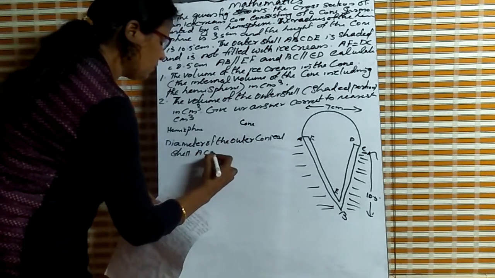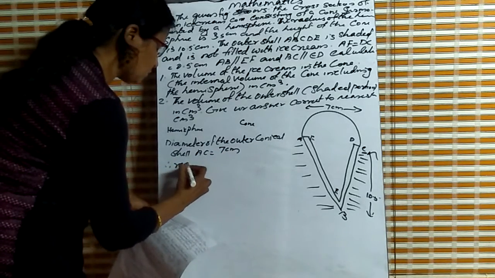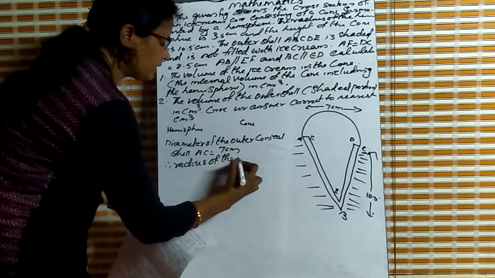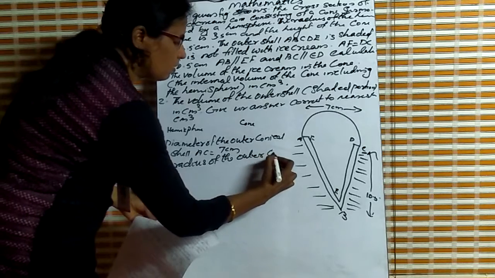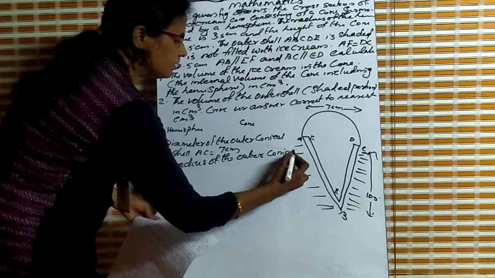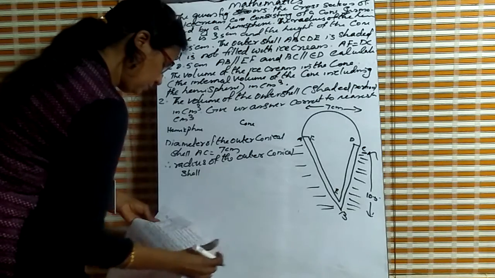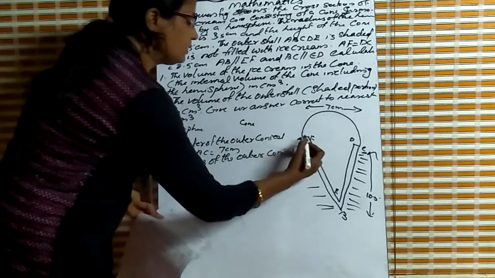AC is equal to 7 centimeter. Therefore, the radius of the outer conical shell is equal to 7 by 2 centimeter.